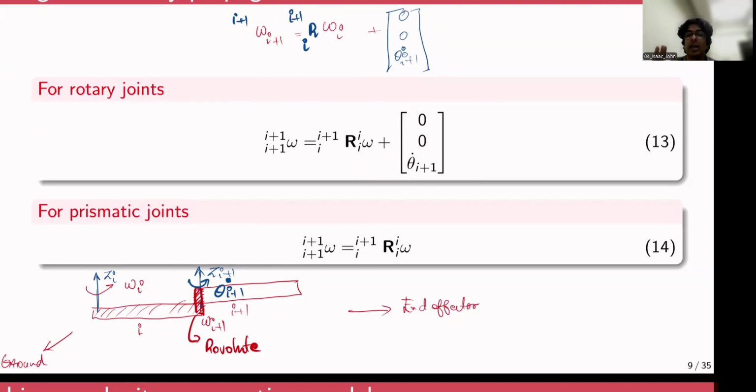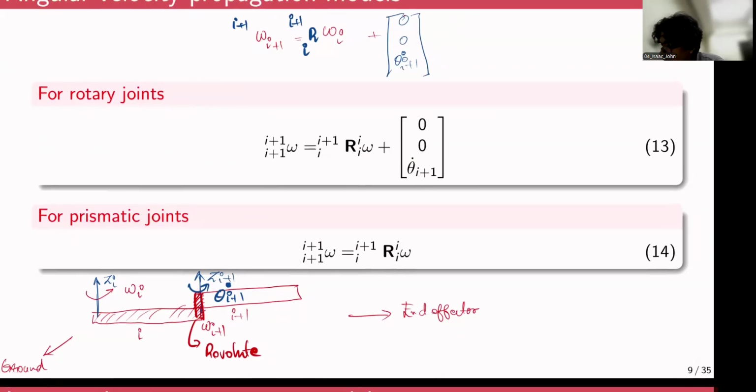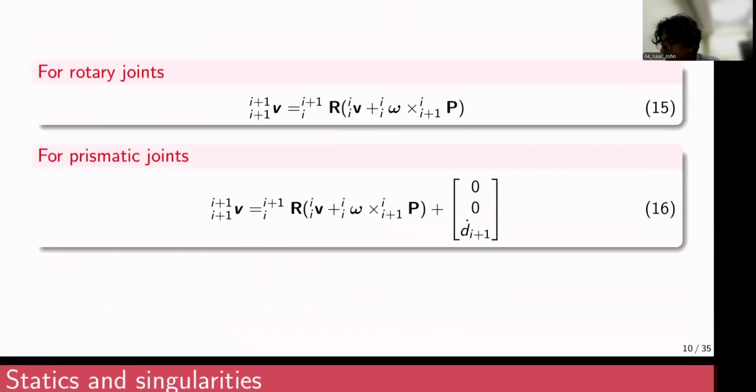Instead of rotation, it will only translate. And the angular velocity of the current joint would be the same as that of the previous joint, in case of a prismatic joint. All right, so that's how we propagate angular velocities.